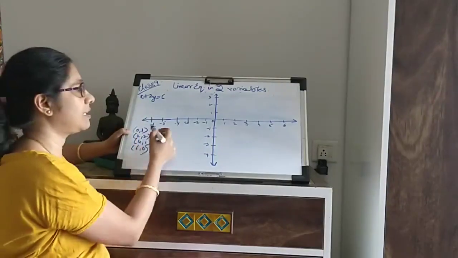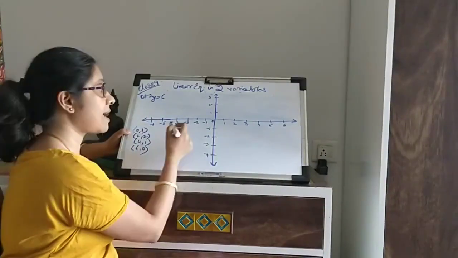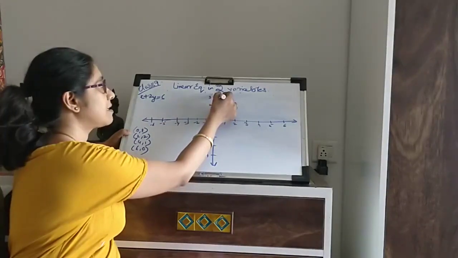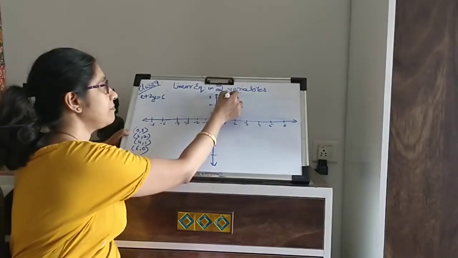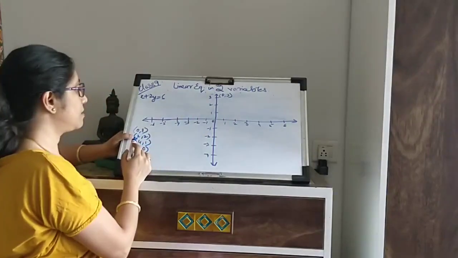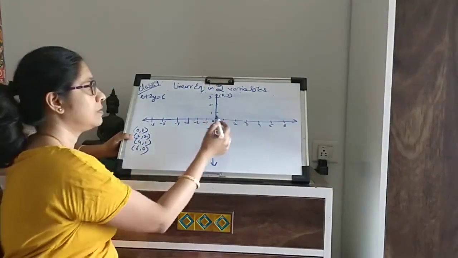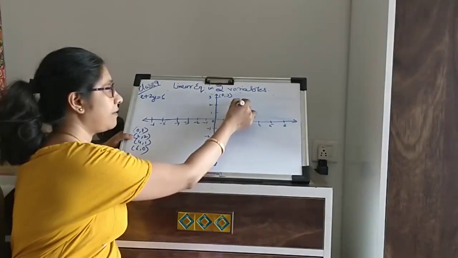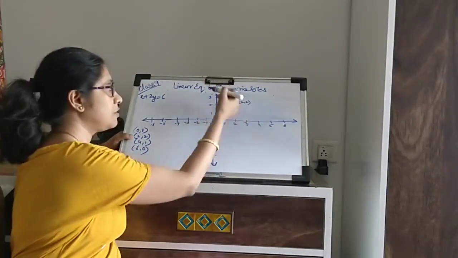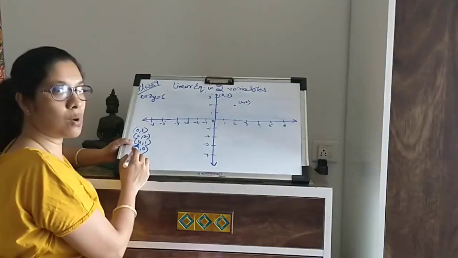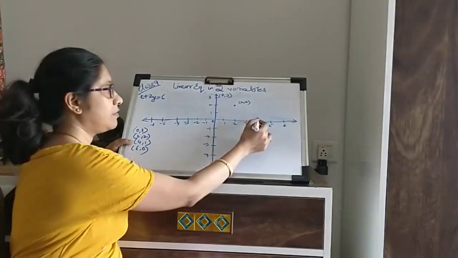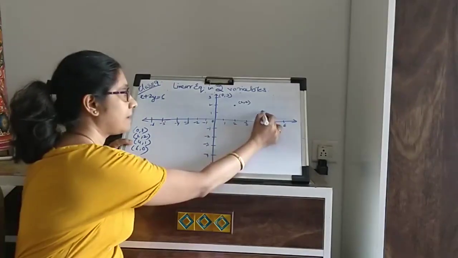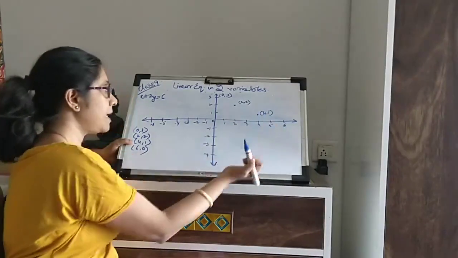What is (0, 3)? (0, 3) is x equals 0 and y equals 3. This is (0, 3). What is (2, 2)? 2 and 2. Somewhere here. This is (2, 2). What is (4, 1)? 4 and 1. This is the coordinate point.